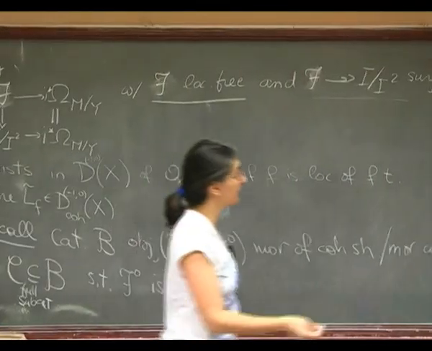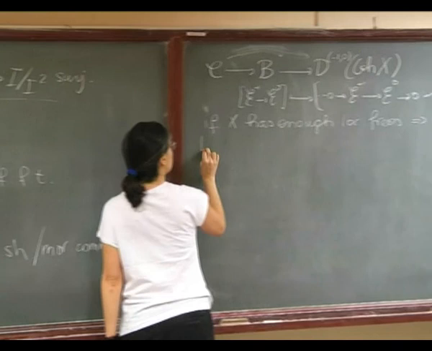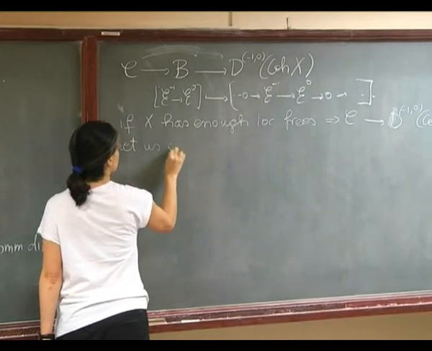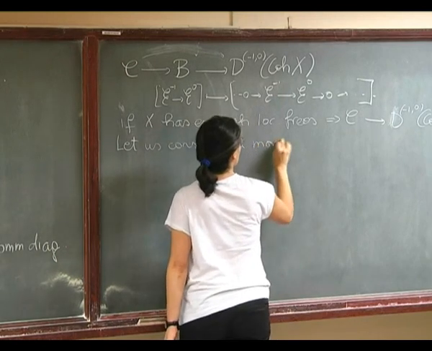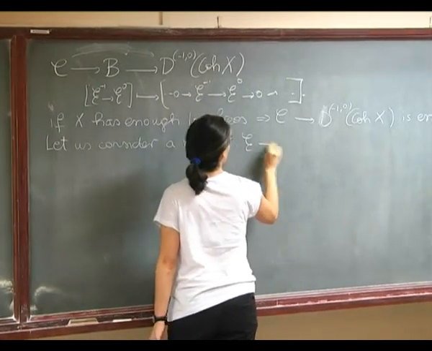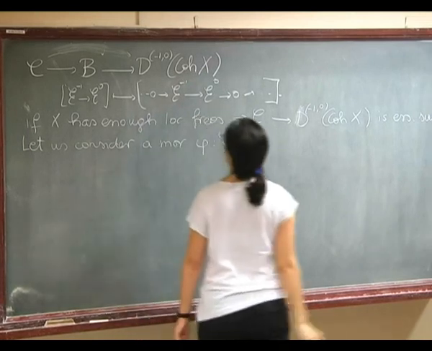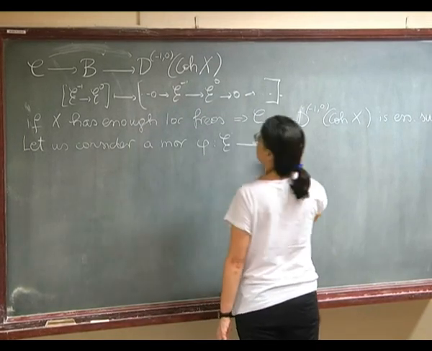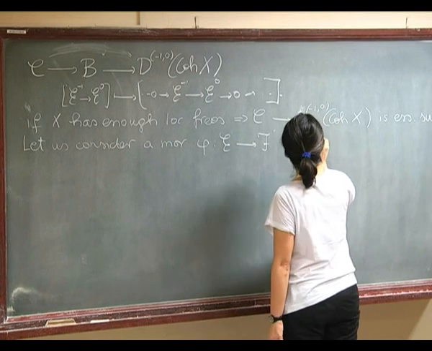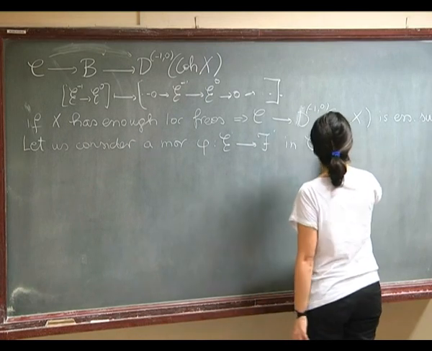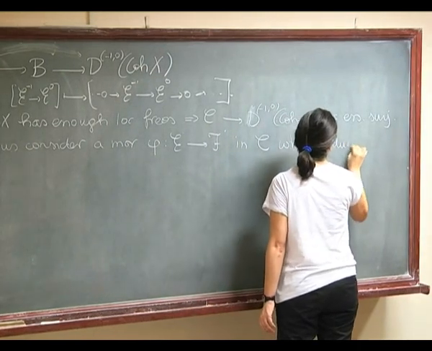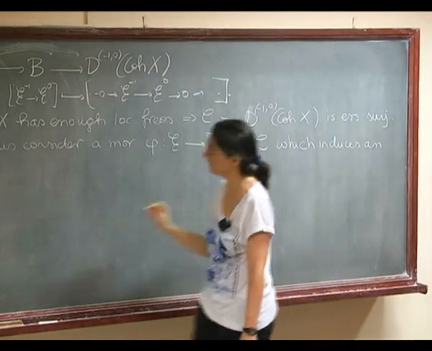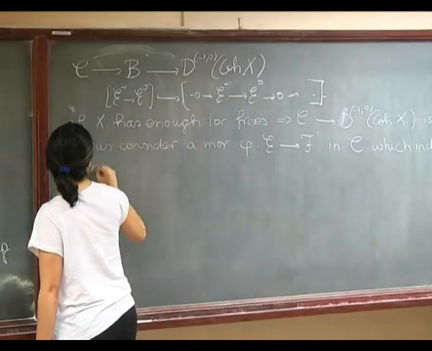And what I want to show is this: let us consider a morphism phi from E dot to F dot in C, which induces an isomorphism in the derived category.